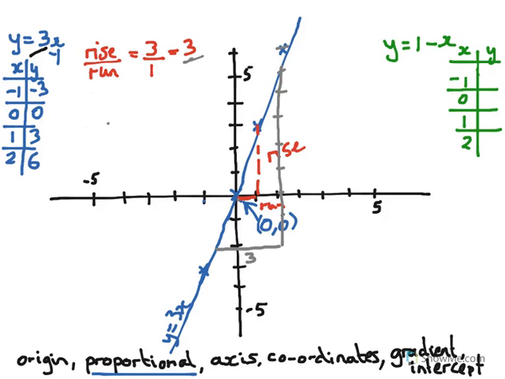I haven't drawn this one very well, so we'll take this one out because I haven't drawn my graph properly. So let's take a slightly easier one where it's more in line with the coordinates.